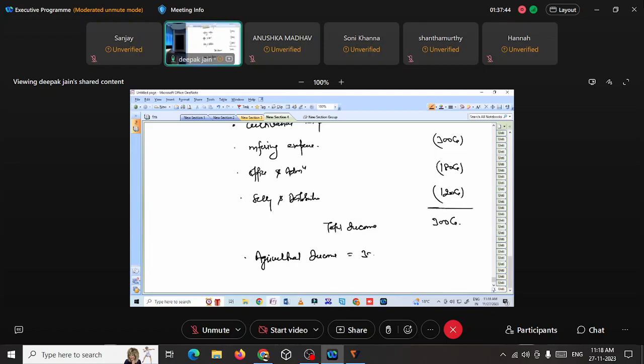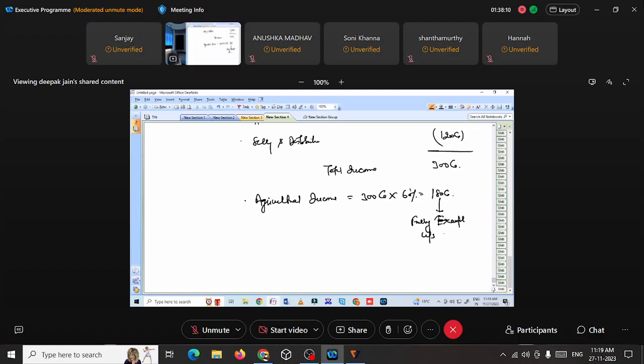Law says 60% would be treated as agricultural income. 180 crore would be treated as agricultural income. What is the tax treatment? Fully exempt under section 10 clause 1.